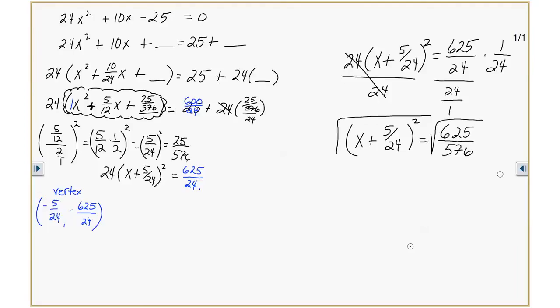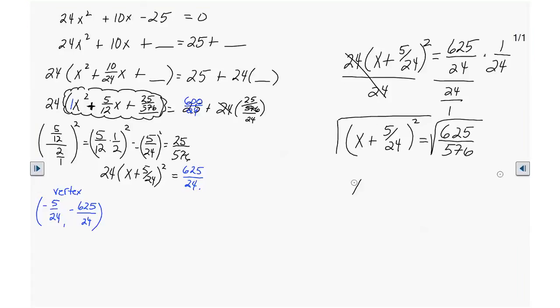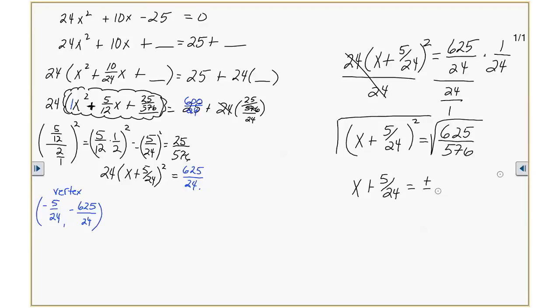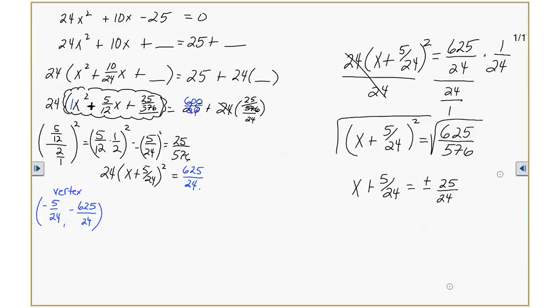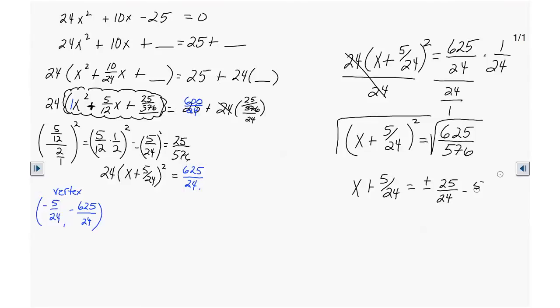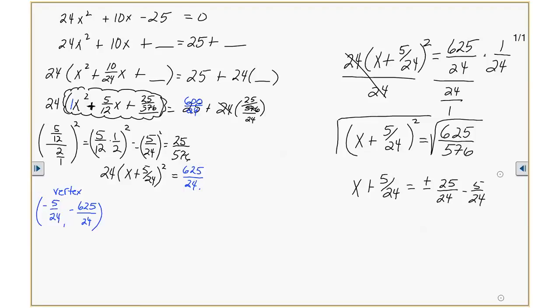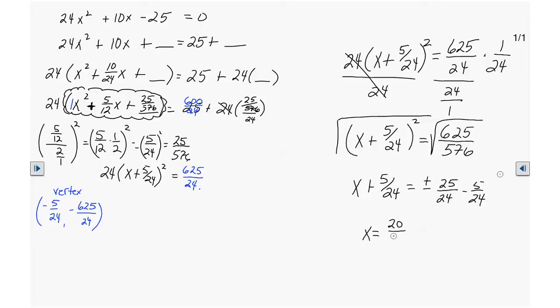And x plus 5 over 24 is equal to positive or negative 25 over what? 24. Bring the negative 5 over 24 over. And your x-intercepts are, what's 25 minus 5? 20 over 24, you don't do that much, right?